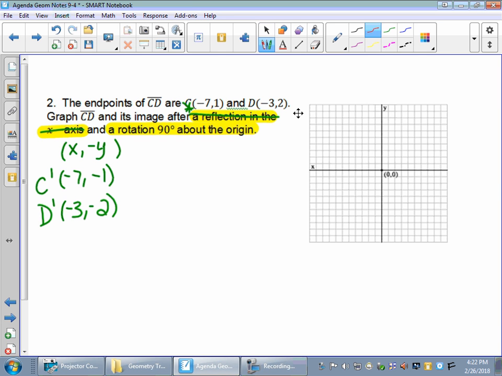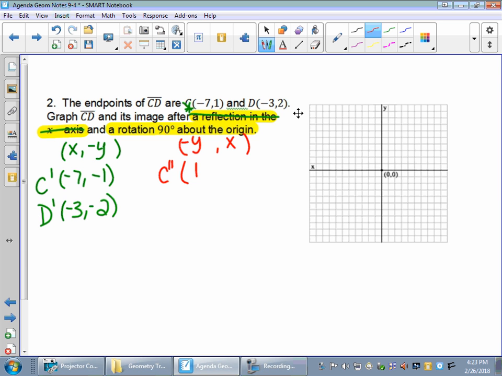Rotation 90 degrees. That means our new coordinates are going to be, that's right, a -y, positive x. Because I already have a C prime, I'm going to call it C double prime.